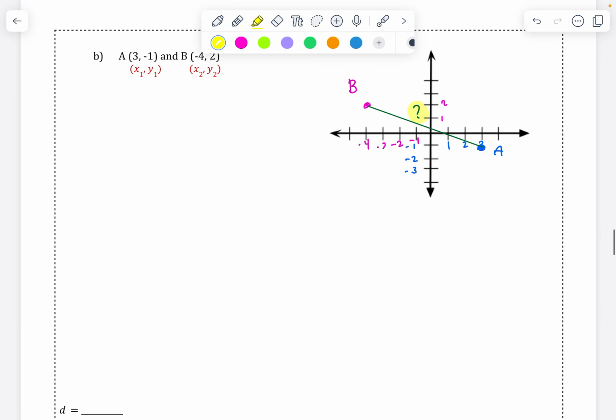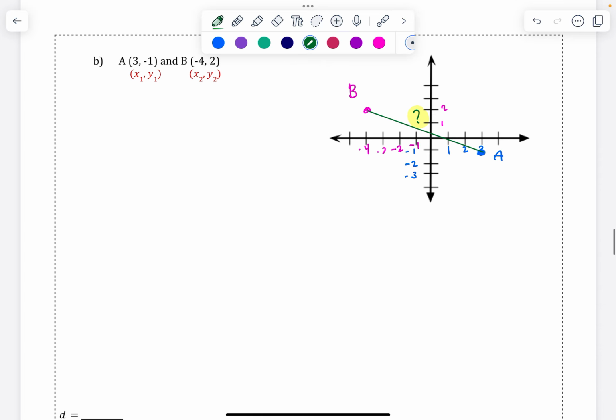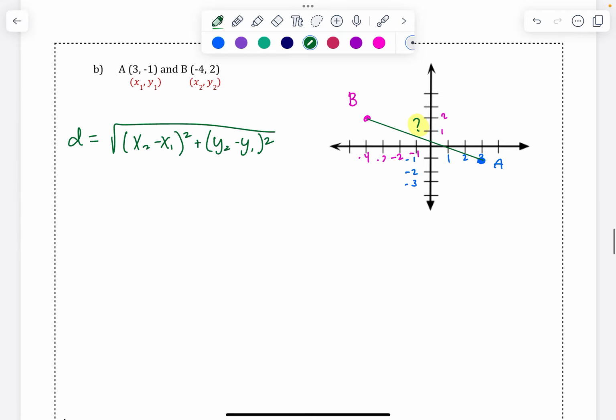Okay, so let's look at the formula. D is equal to the radical, the whole square root of x2 minus x1, quantity squared, plus parentheses y2 minus y1, parentheses squared. I'm going to start with x2 and x1.